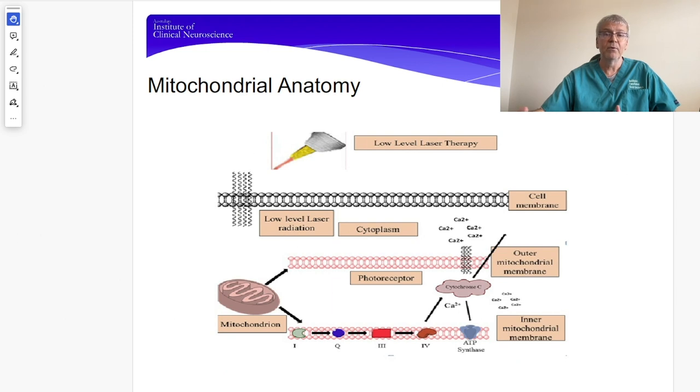Now, mitochondrial anatomy is quite interesting here.